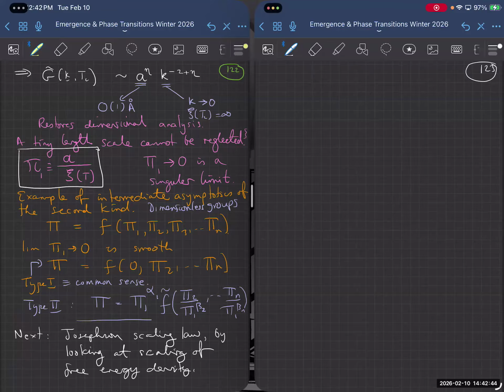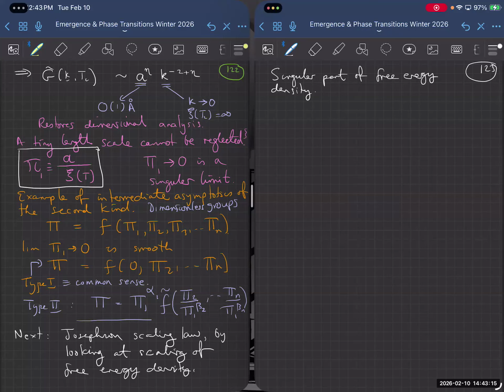So the place I want to start is reminding you that what we talk about is the singular part of the free energy. And I've always been careful to call it the free energy density because we're looking at the singular part of the free energy per degree of freedom, per spin or per unit volume or lattice height.